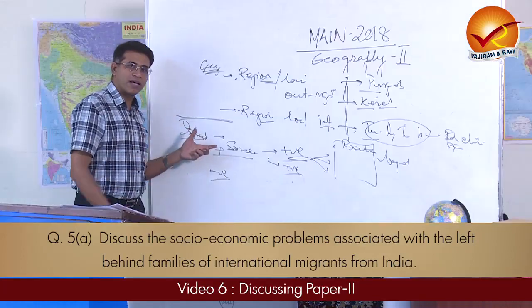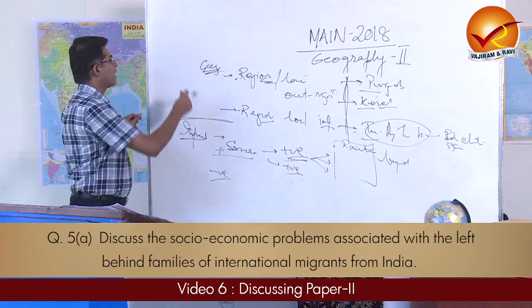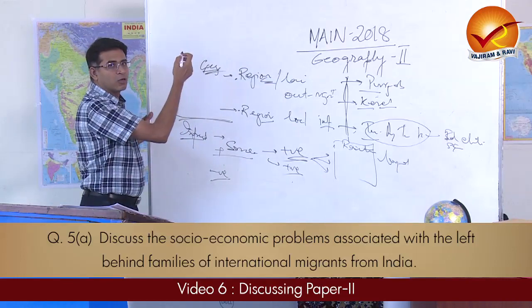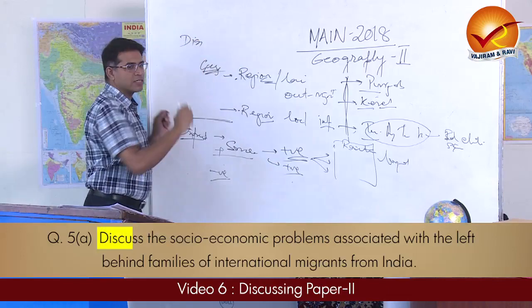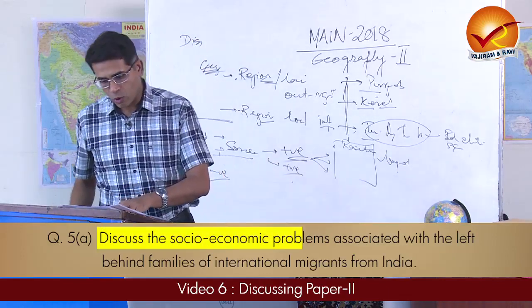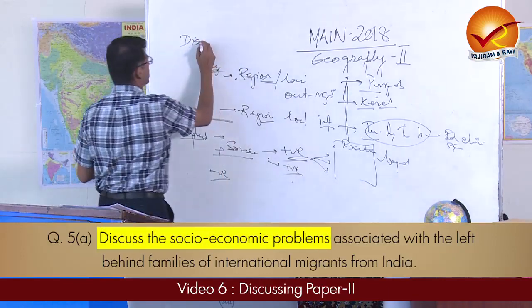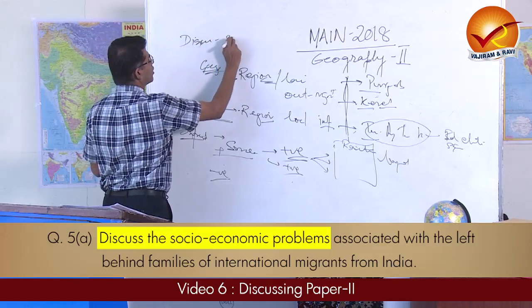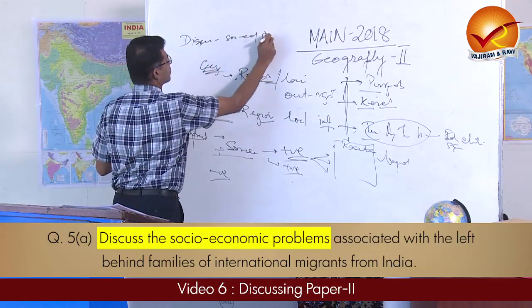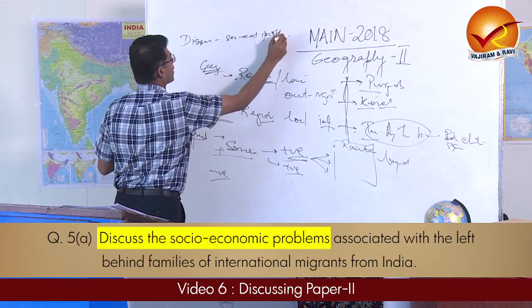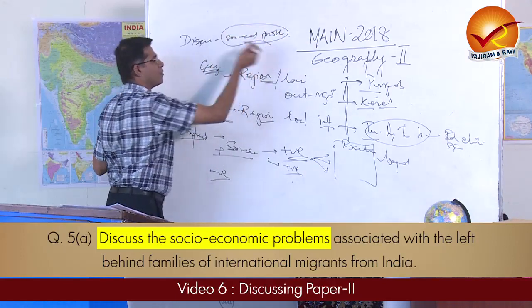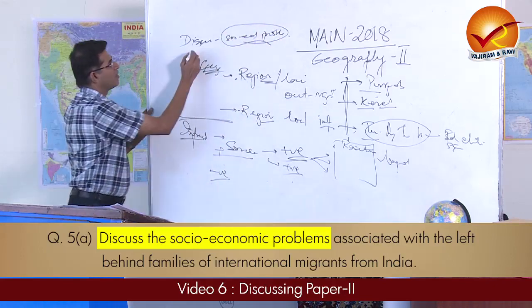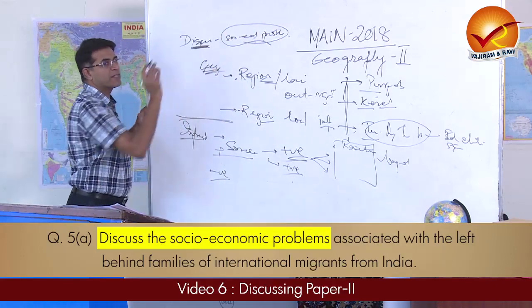One aspect that I would like you to focus on is, though the topic is worded as discuss the socio-economic problems, it does not mean that you write only on the problems. The word discussion has some specific meaning.